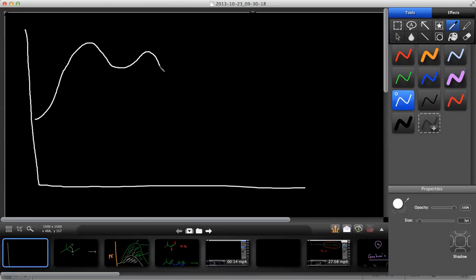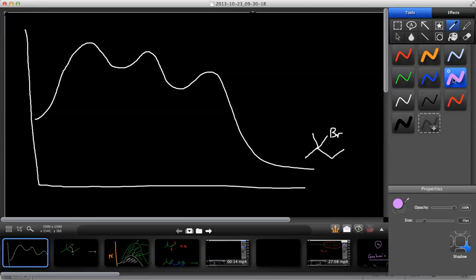Carbocation, rearrangement, nucleophilic attack. Here's our product. And I'm going to put all the transition states in one color to emphasize a little continuity here.